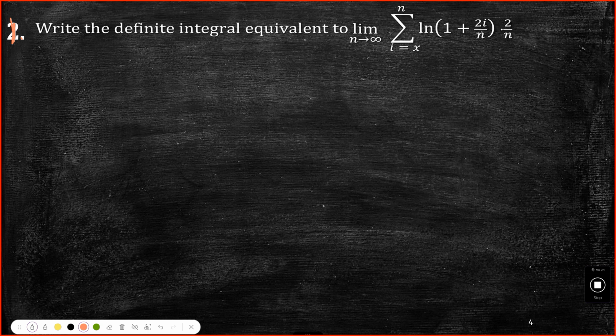Write the definite integral that is equivalent to the limit as n approaches infinity. Da, da, da. I don't know about i equal to x. What the heck? It's 1. i equal to 1 to n.